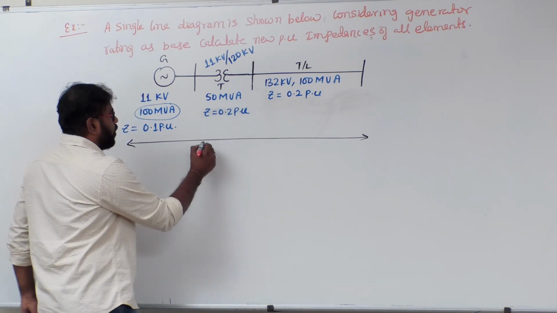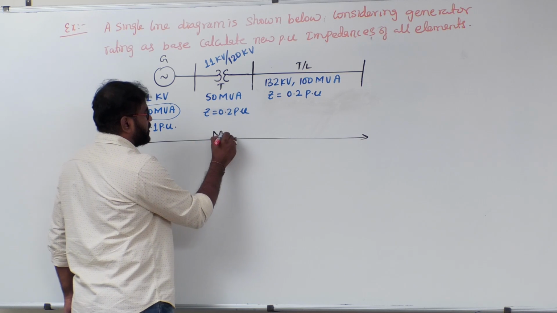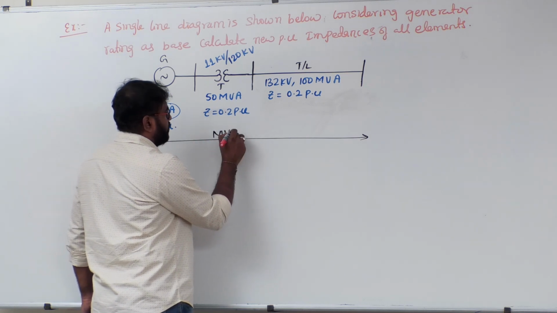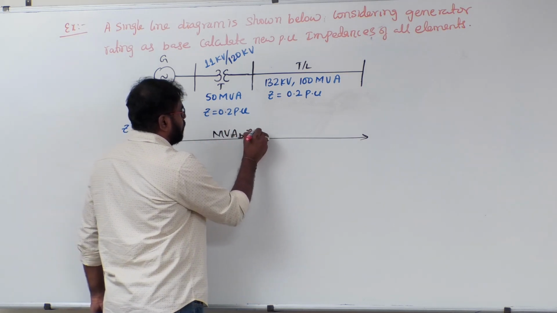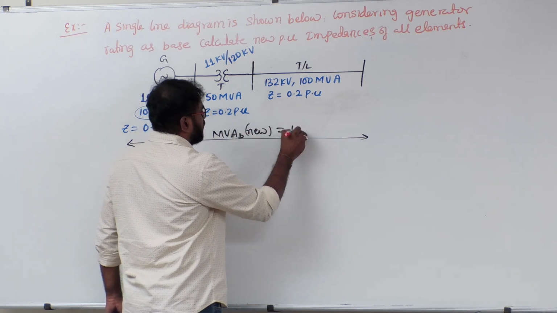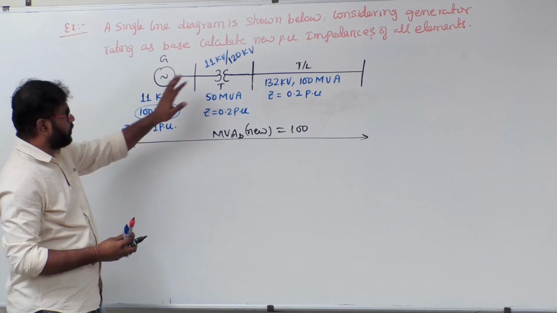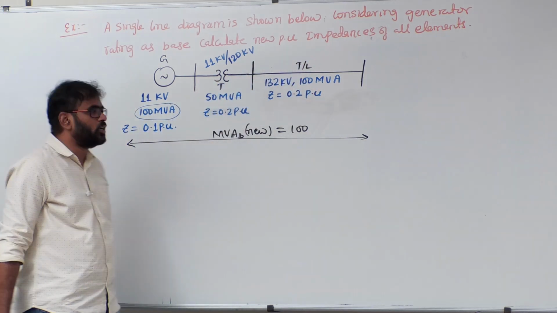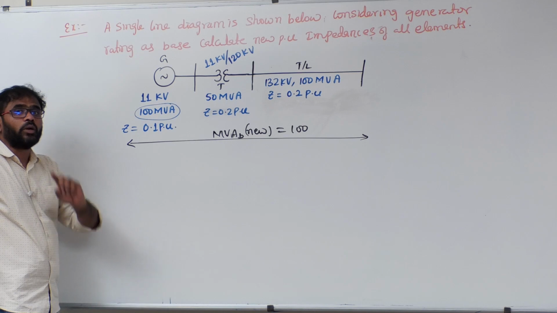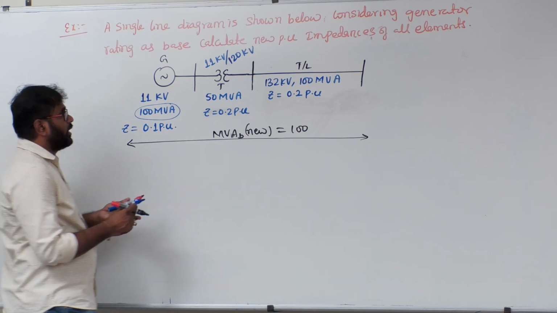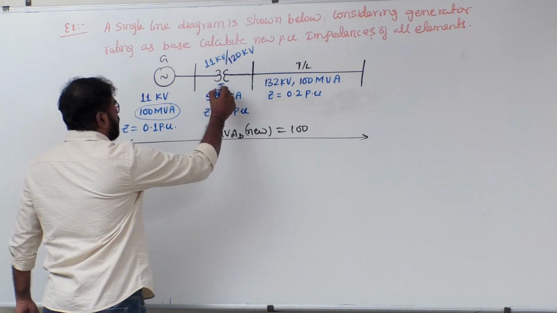But before that, what is the MVA base for the complete system? For the complete system, MVAB new is 100. That means for this generator, this transformer, and this transmission line, the new MVA base is 100. But what about the new voltage base? At every transformer you have to pay attention.